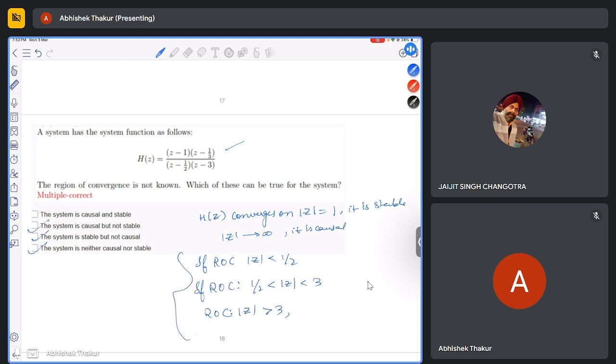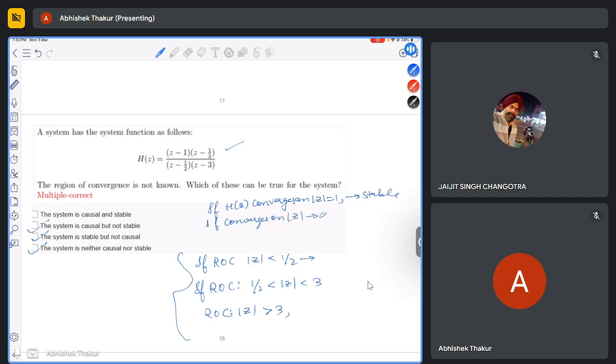So for different types of ROC, as we know, if H(z) converges on |z| equal to 1, then it is stable. And if it converges on z tends to infinity, then it is causal.